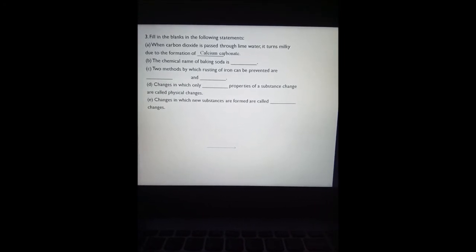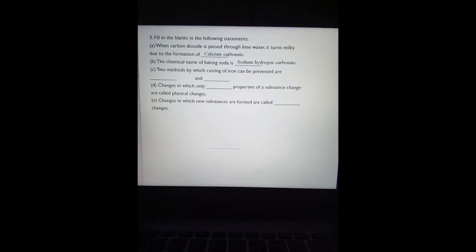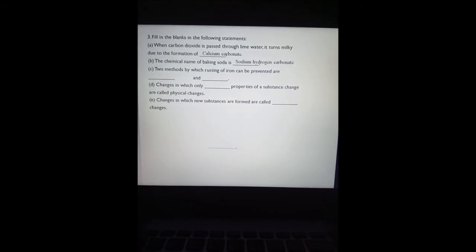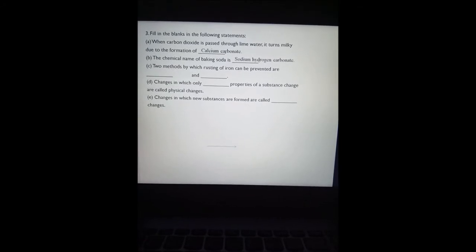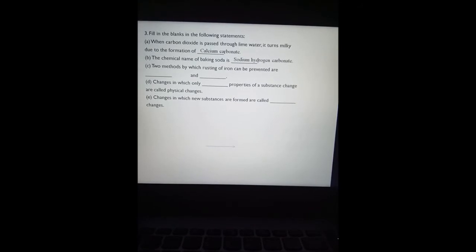The chemical name of baking soda. This is an easy question. It's sodium hydrogen carbonate. Now, two methods by which rusting of iron can be prevented. We have to put a layer so that the iron surface does not come in contact with air and moisture.